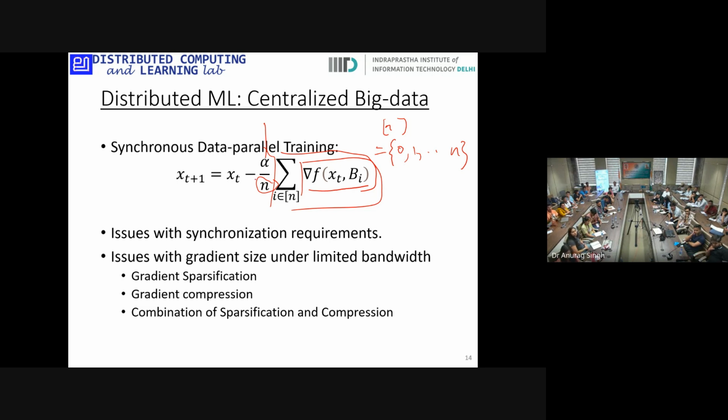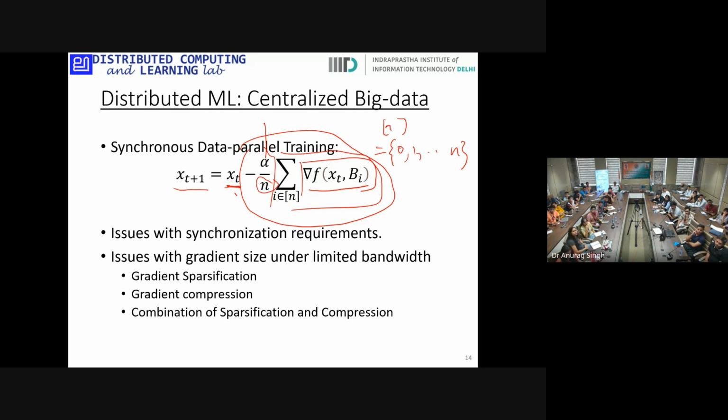This entire part is your gradient averaged and then dampened using the learning rate, and then you update your current model state x subscript t, and the updated model state will be called x subscript t plus 1. So now you have moved from state t to t plus 1.